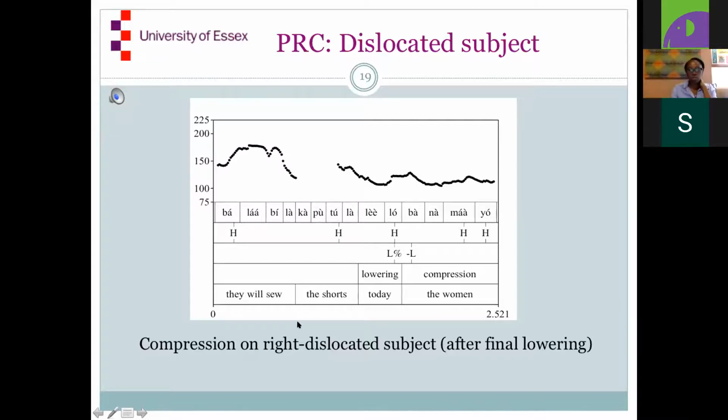And I thought I had a little orange marking here. Yeah. So this is the constituent which is compressed, and the range is really very small, and seems to really contrast with the preceding domain where we have today, the adverb.